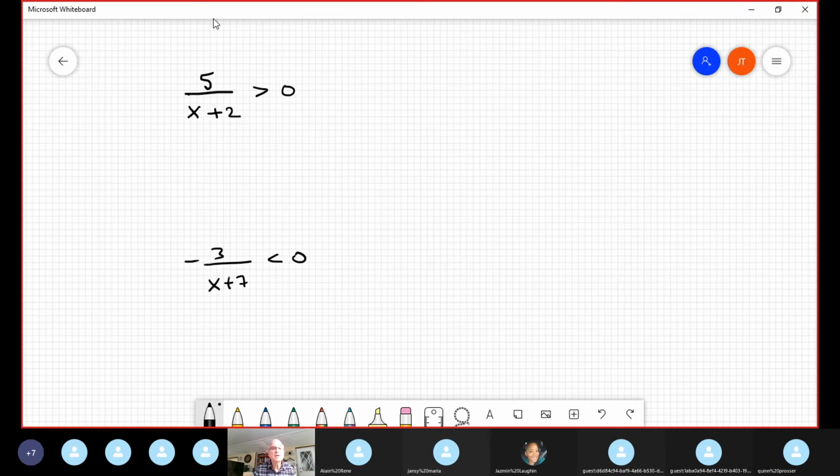But I take advantage that the right-hand side is 0. This is good. It's 0 in both cases. My question is, can we delete this 5 or no? Can we delete this 5?